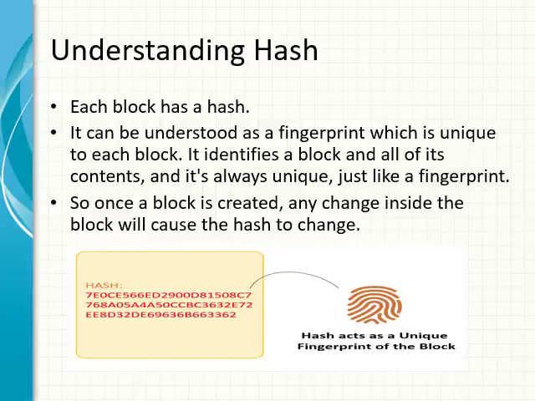We can say if we give data to the hash function, it will produce the fingerprint of that data. Fingerprint means the data is represented in some alternate way, and that alternate way is difficult to tamper with, difficult to interpret. So once the block is created, any change inside the block will cause a change in the hash also.